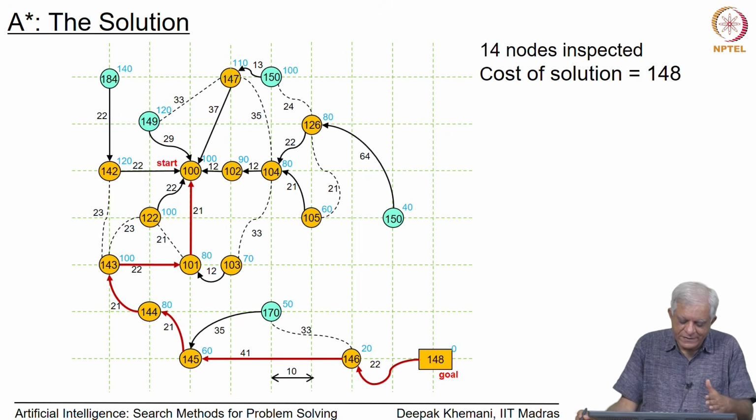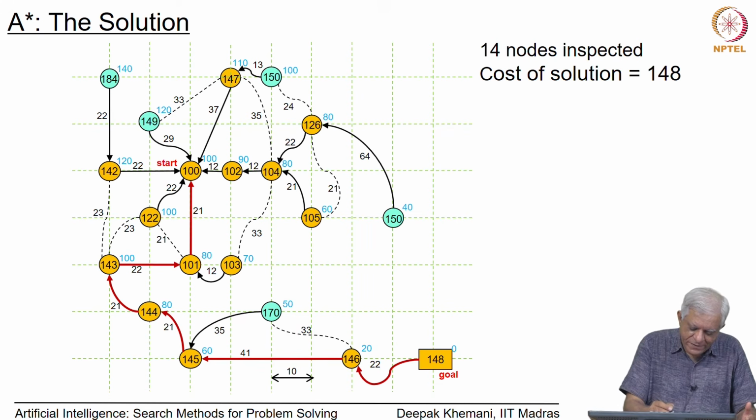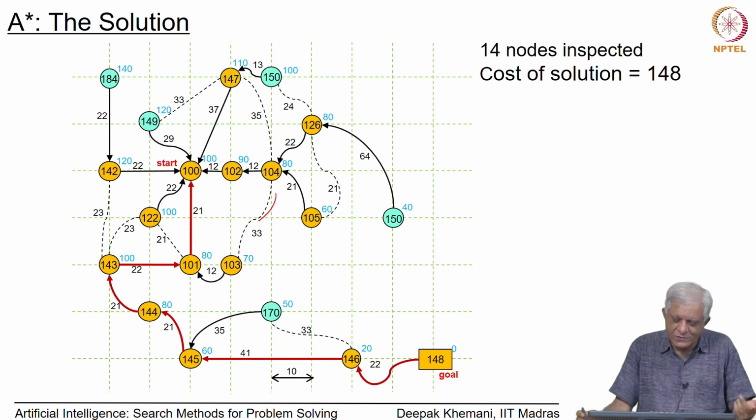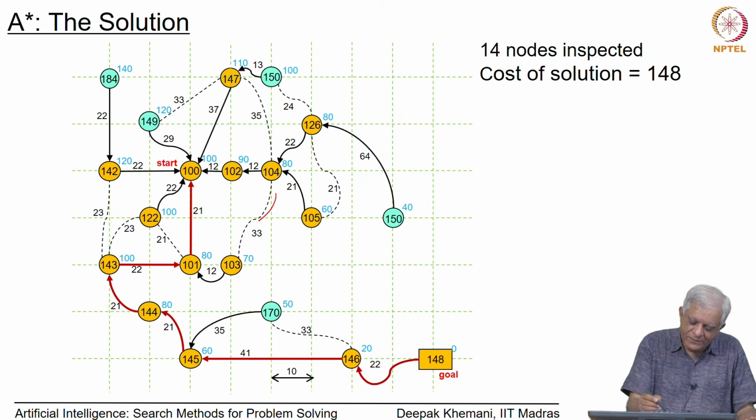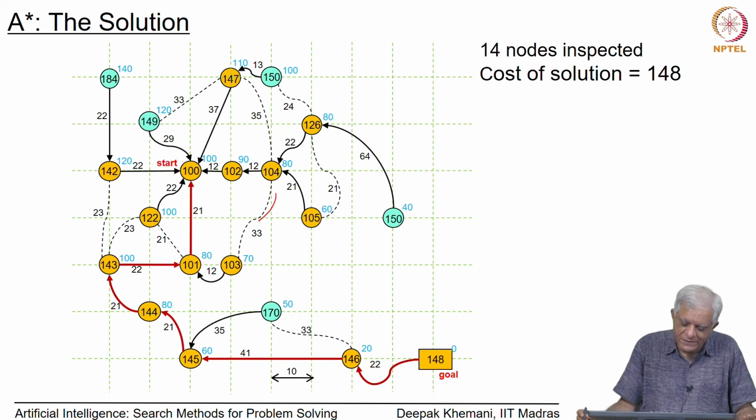Meanwhile, this is the graph that it has explored. These dashed edges are edges that it also inspected, but ignored because they were not part of the optimal path. Like Dijkstra's algorithm, for every node it has a back pointer showing the best way of reaching the node, from which parent and so on, and the optimal path has been shown in these thicker red arrows.